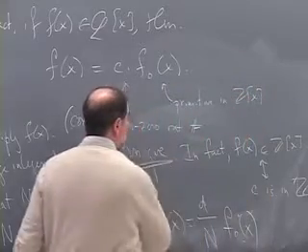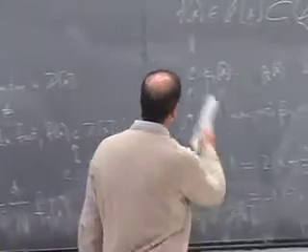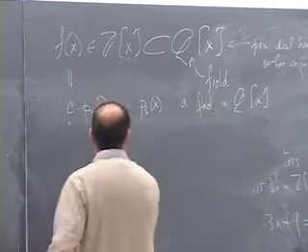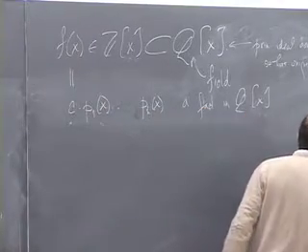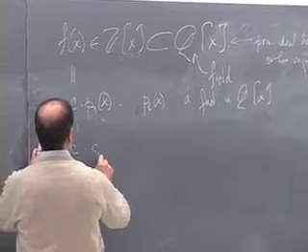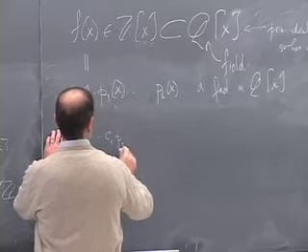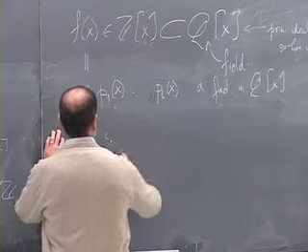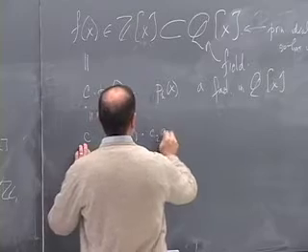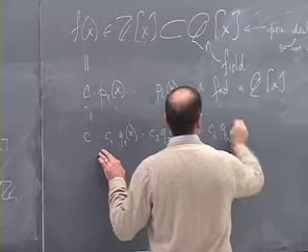Now, here's how I'm going to do this factorization in Z. I take this factorization in the rational numbers, and I replace all these irreducible monic polynomials by their primitive parts. So I write this as C times C1 P1, let's call it Q1 of x, times C2 Q2 of x, times CK QK of x.